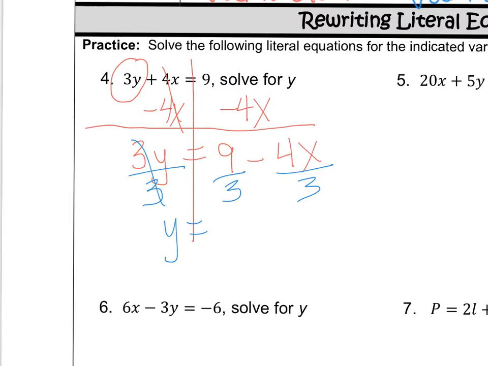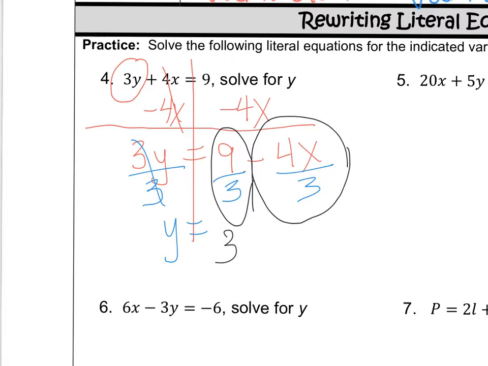Sometimes it helps if you just take a moment and think about what you got here. I'm going to even circle it. I got one fraction, 9 over 3, and a second fraction, negative 4x over 3. If I can look at them as two separate fractions, a lot of times it helps me. Okay, so 9 divided by 3 is 3.